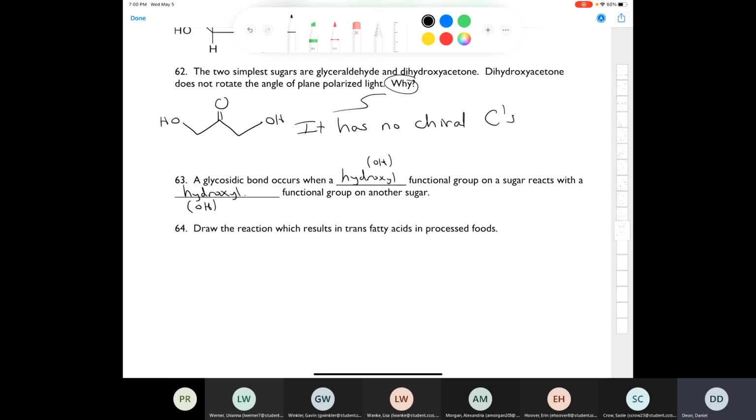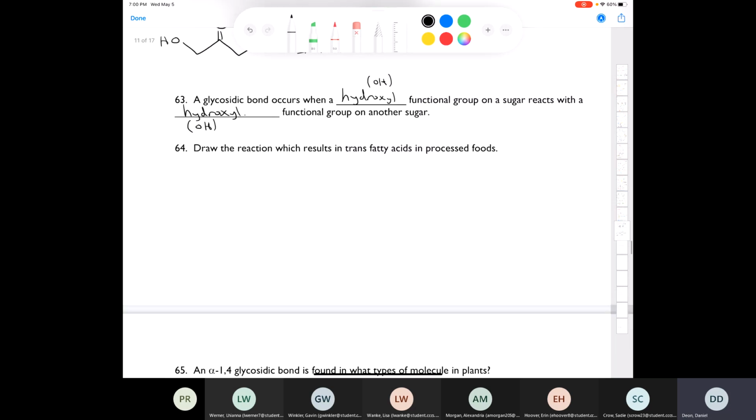Next one, it says, draw a reaction which results in trans fatty acids in processed foods. Well, if you have a naturally occurring fatty acid, so let's say 1, 2, 3, 4, 5, 6, 7, 8, 9, 10, 11, 12 carbons, this is a cis fatty acid, and naturally occurring fatty acids are cis.